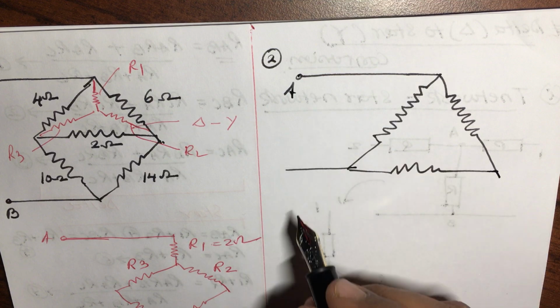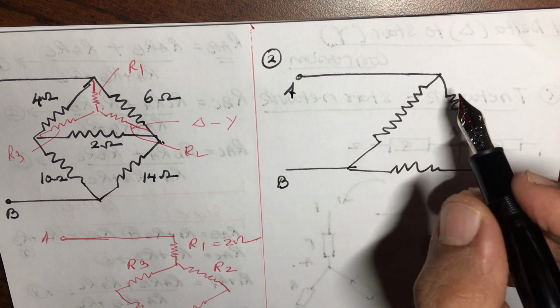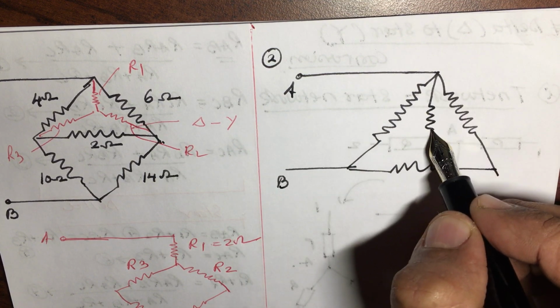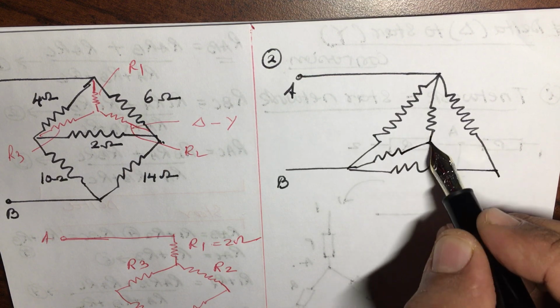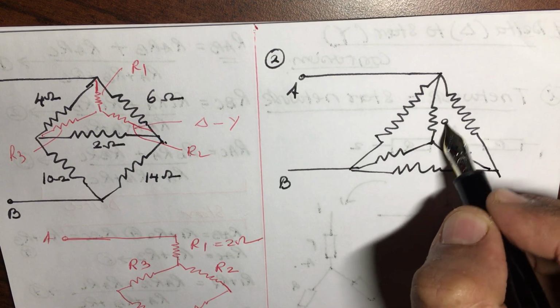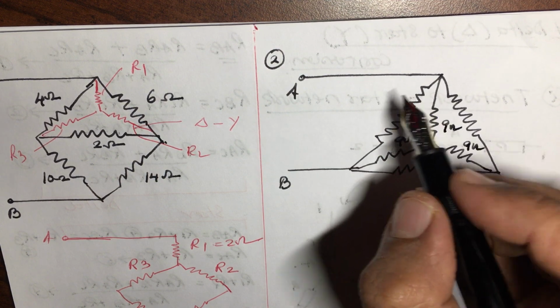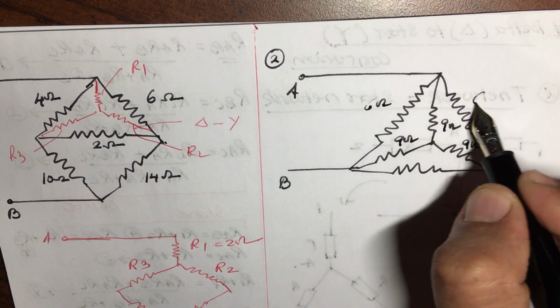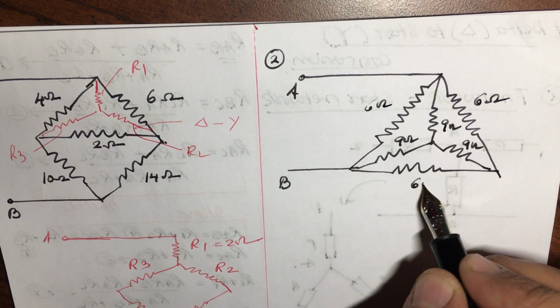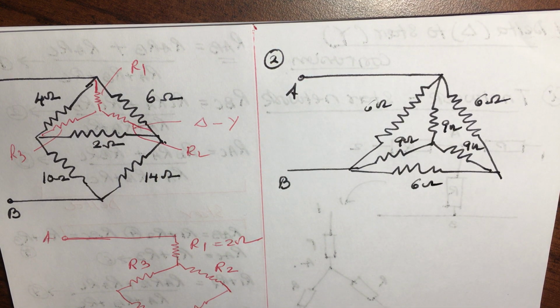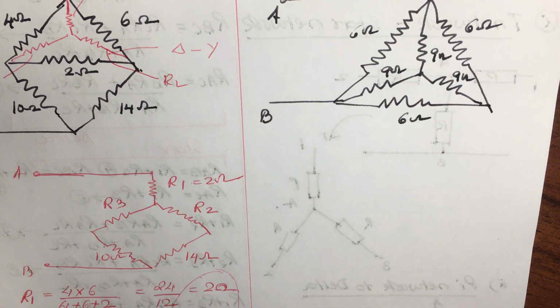This is A, that is B, and this is 9 ohm, this is 9 ohm, this is 9 ohm, this is 6 ohm, 6 ohm, and 6 ohm. Question is find the equivalent circuit. Now you will break your head. You do whatever you want using Kirchhoff's law. It will not take you less than at least 1 hour to get the answer over here.